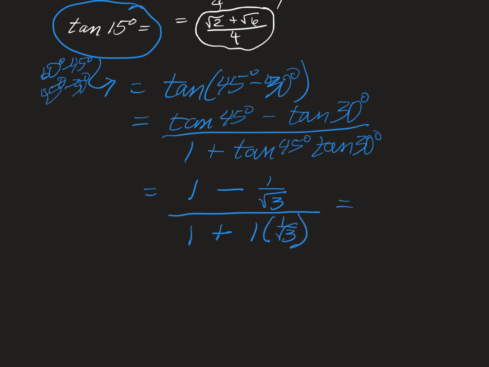So what we end up with is 1 minus 1 over square root of 3 over 1 plus 1 over square root of 3. This is a complex fraction, so we multiply the numerator by the square root of 3 and the denominator by the square root of 3, to clear the fractions. And that's just algebra.